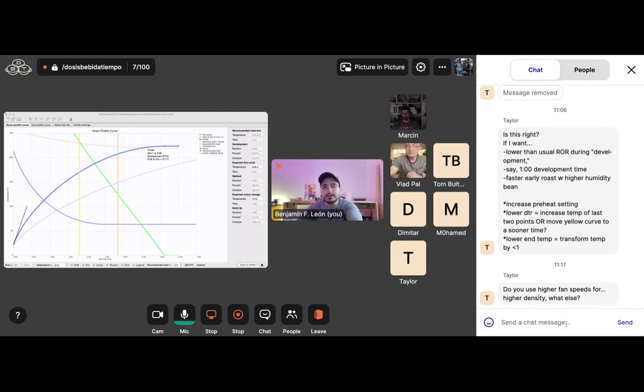Well, I don't really use higher fan speeds for higher density per se, because the main issue with fan speed is weight, not density, as I think I mentioned in the Discord channel as well. If you have 80 grams of really dense coffee and 80 grams of really low density coffee, it's the same 80 grams, and that's the same amount of force required to push those 80 grams inside the roast chamber, right?